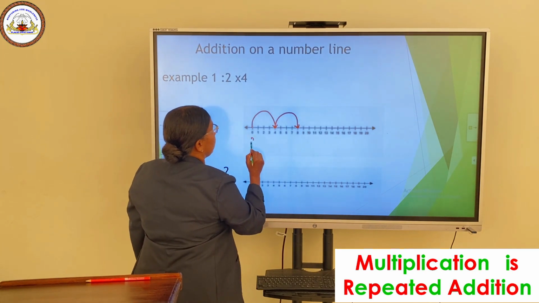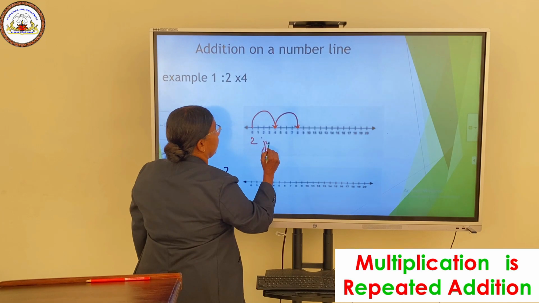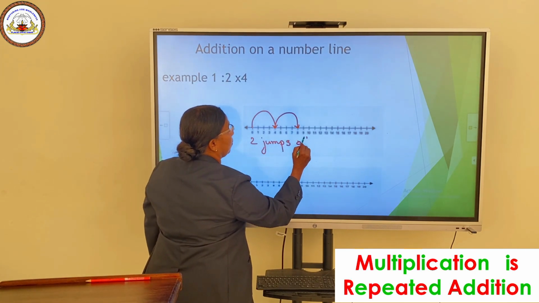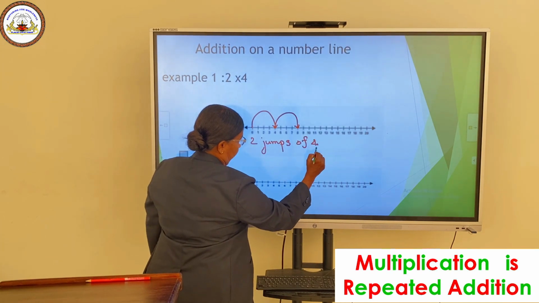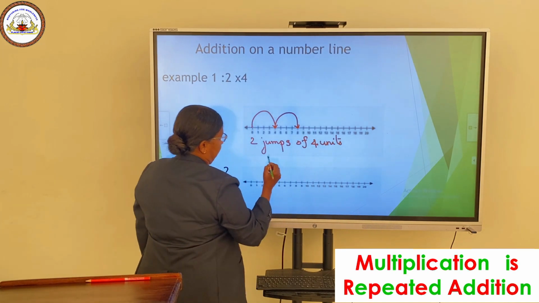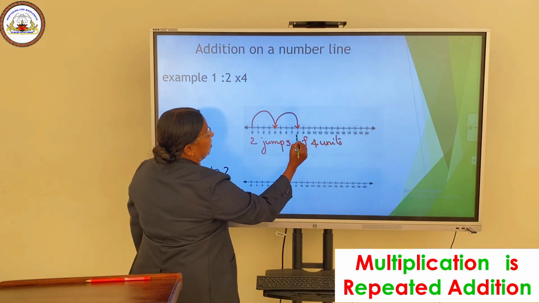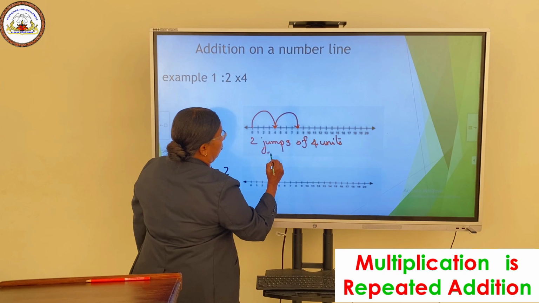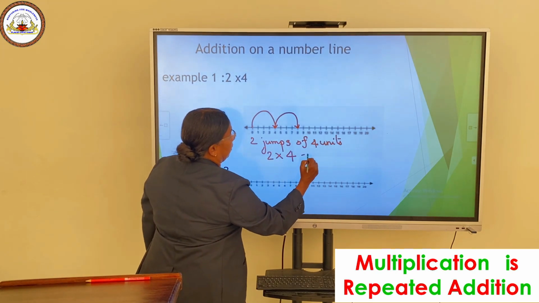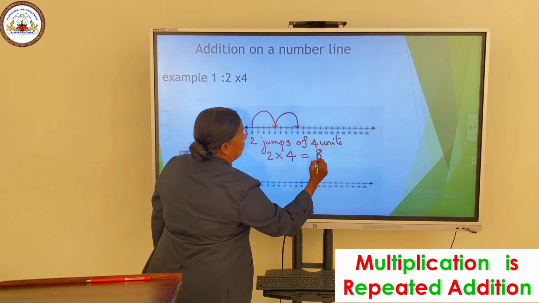So 2 jumps of 4 units, that is 2 into 4, the product is 8.